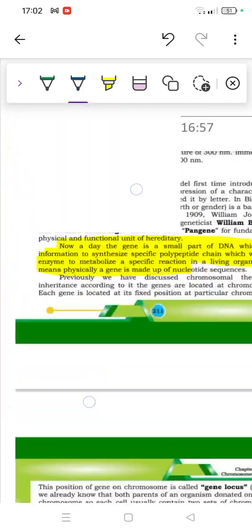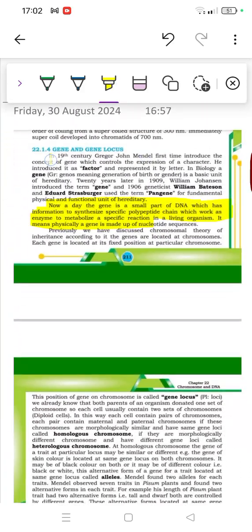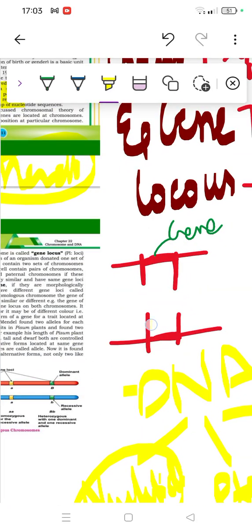So let's read it out, you'll get it very clear. In the 19th century there was a scientist, Gregor John Mendel, who was the first to introduce the concept of gene. At the time he said that the gene is something which controls the expression of a character, but later on it was considered more. When Mendel told about all these things, he gave this part the name factor.